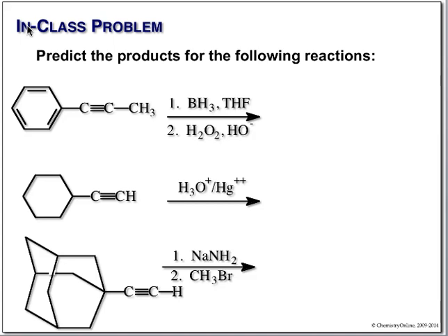Therefore, this is the Markovnikov carbon, and the other guy is going to get the OH group. We know that that OH is going to convert into a carbonyl. So this carbon will be a carbonyl. This guy will be a CH2. The product that we've all drawn simply looks like that. The oxygen goes to the anti-Markovnikov carbon.